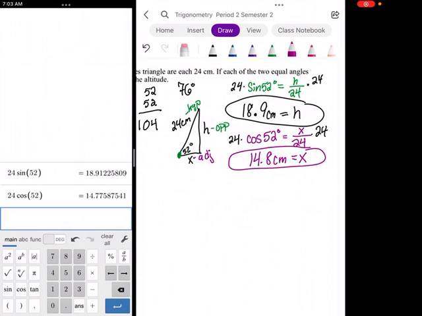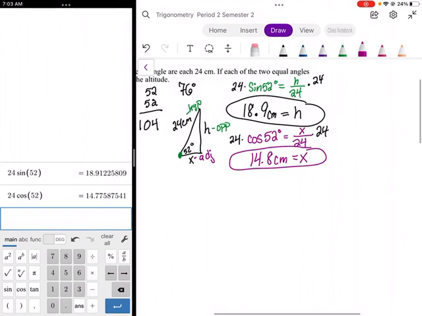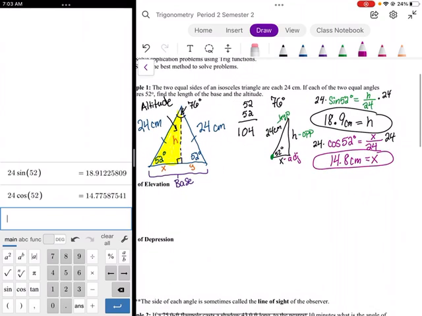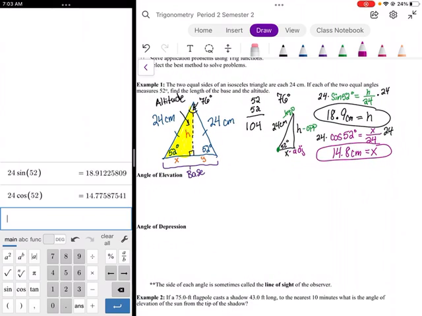All right. So that gave us our height, the length of the altitude, and it gave us part of the base. Now, if we look at our two triangles that we have, they both have the same height. They both have the same hypotenuse. And they both have two congruent angles. Now, we just need to figure out if y is going to be the same as x.